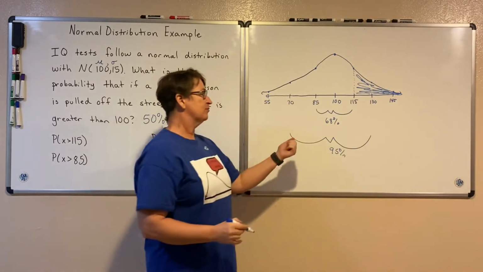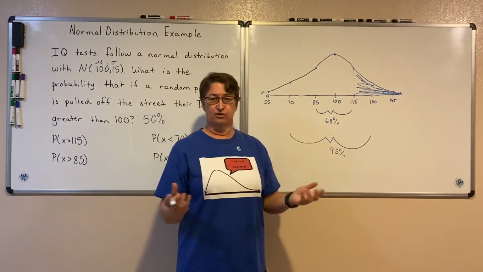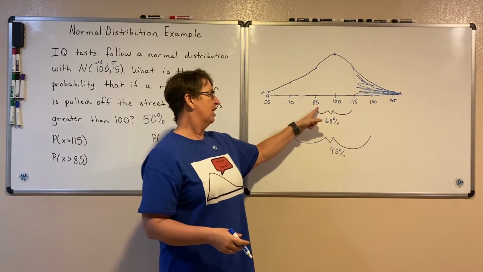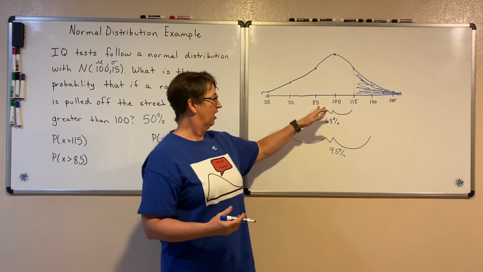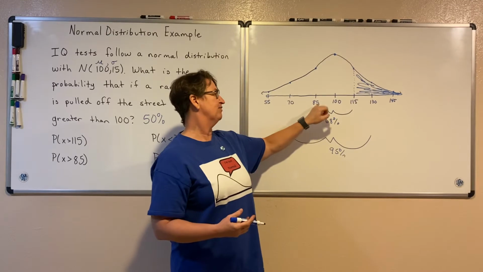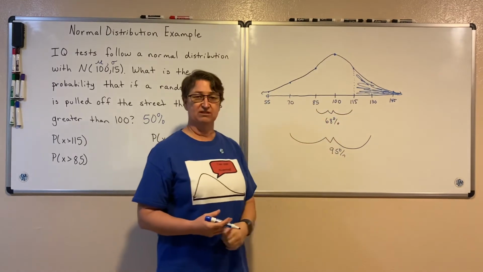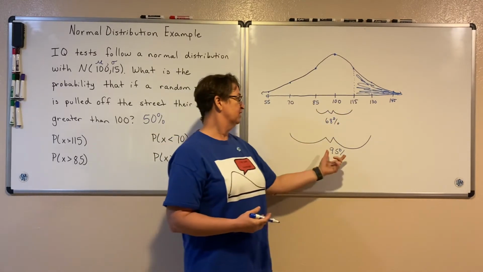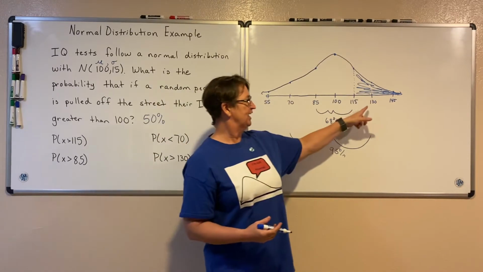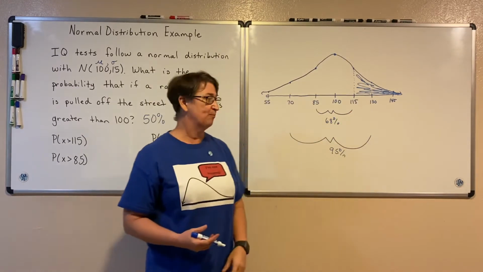So randomly, if I were to choose a person off the street, I would expect that probability that I'd get somebody between an IQ of 85 and 115 would be 68%. The probability I get someone with an IQ between 70 and 130 is 95%.